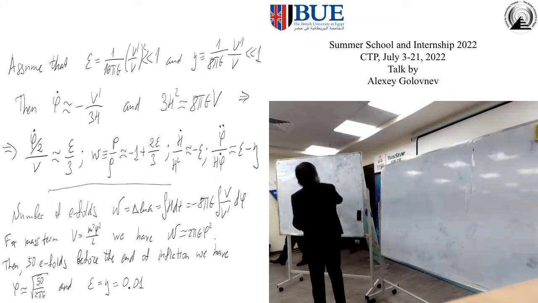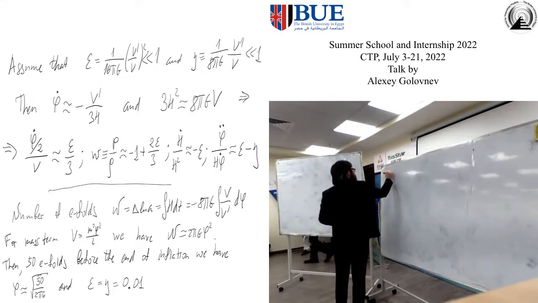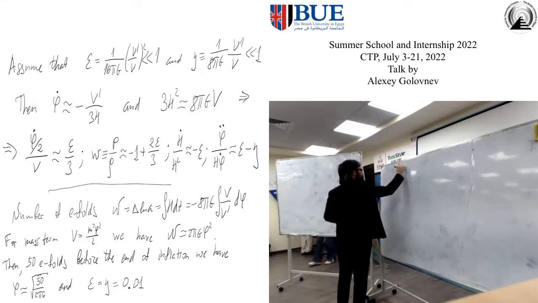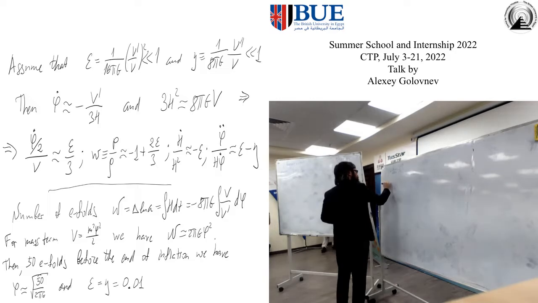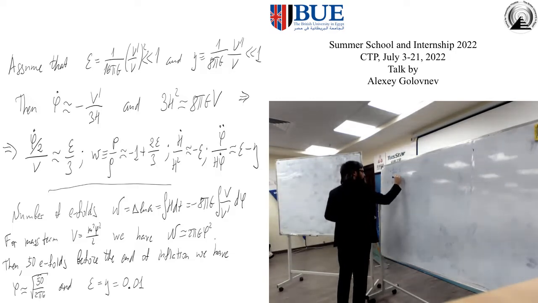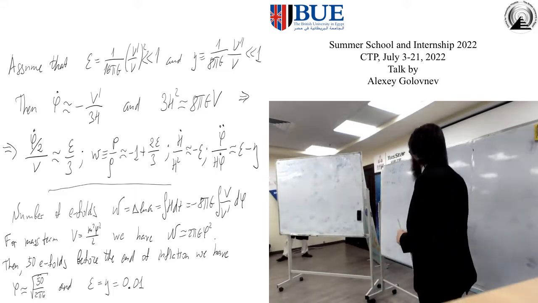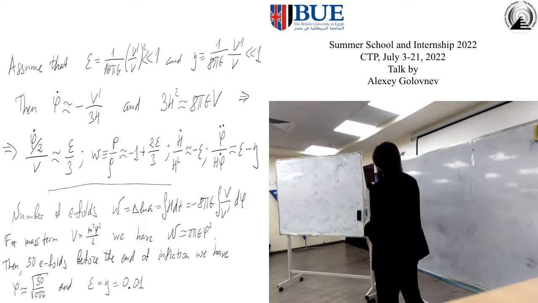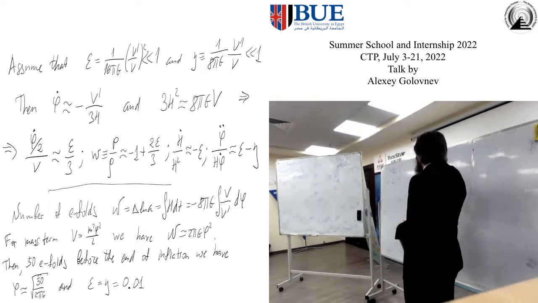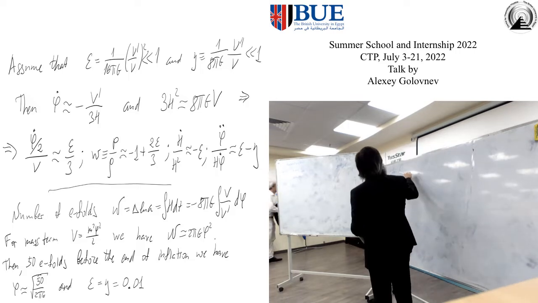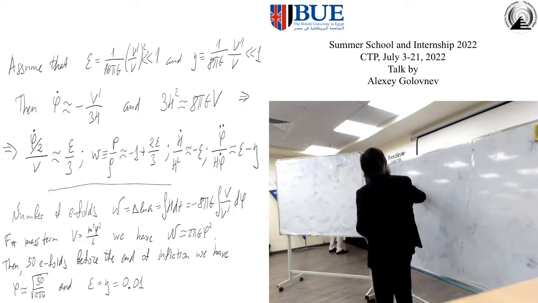And what we discussed yesterday was that we do have two slow roll parameters. In principle, if you want to study more, you can go further and introduce next parameters to make sure that it stays small for a long time.